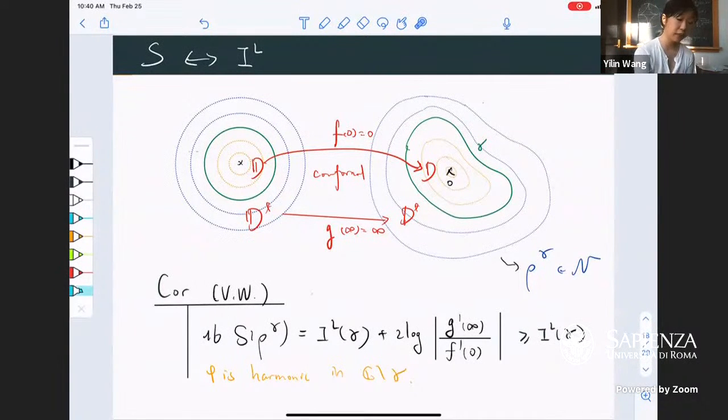How to do this? One canonical choice to complete this foliation is by equipotentials. By that I mean the images of the concentric circles by this conformal map. For the inside, the orange curves are images by F, and the blue curves come from the circles outside by G. They're all analytic, very nice curves.